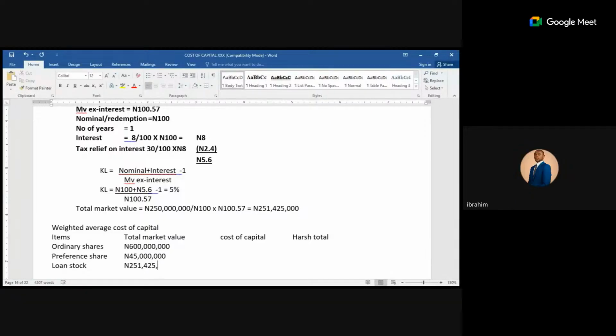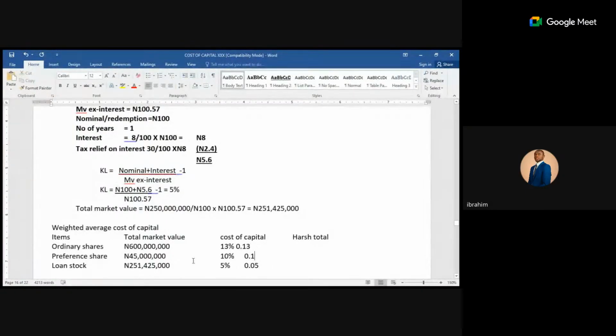What is the cost of capital for ordinary shares? 13%, that is 0.13. What is the cost of preference shares? 10%, that is 0.1. What is the cost of loan stock? 5%, that is 0.05.